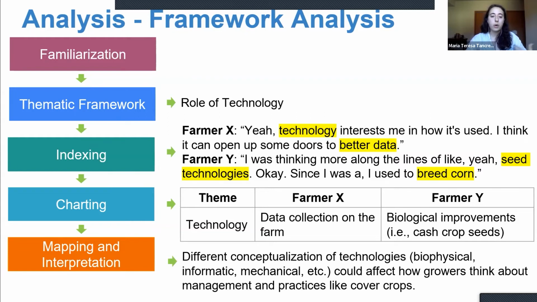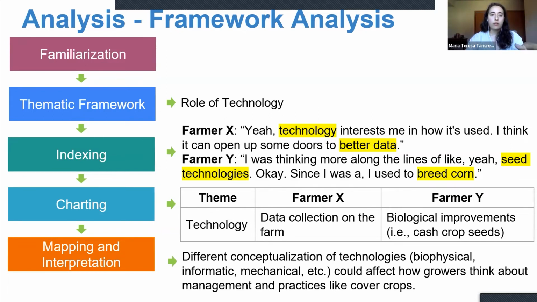Technologies can be thought of as biophysical, informatic, mechanical. And so these different conceptualizations could affect how growers think about management and also how they think about practices like cover crop.